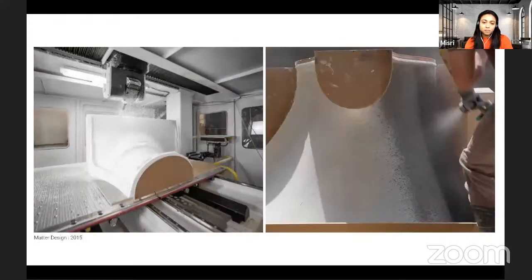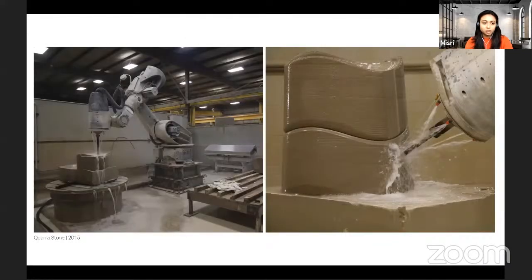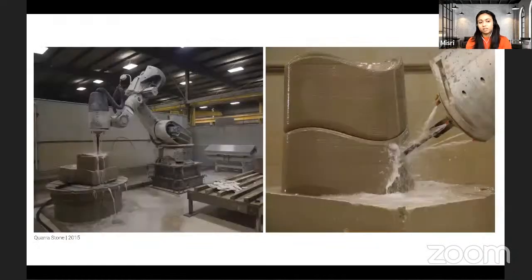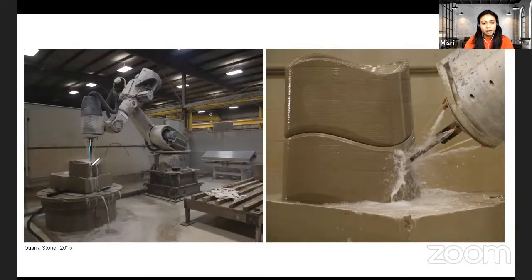And why I'm toggling between this image and the previous one is that this is actually a 5-axis CNC milling machine. So it's not on top of a robot. It can do pretty much everything this machine can.